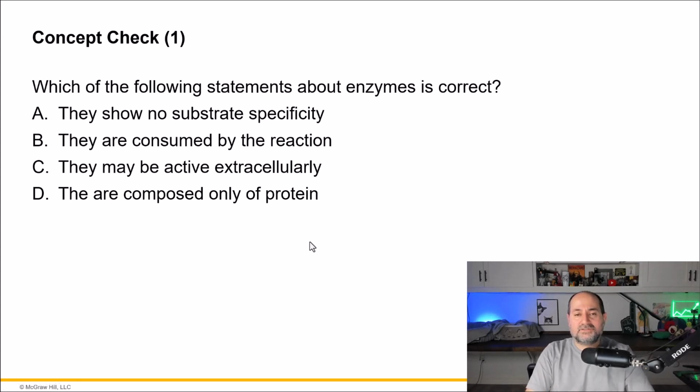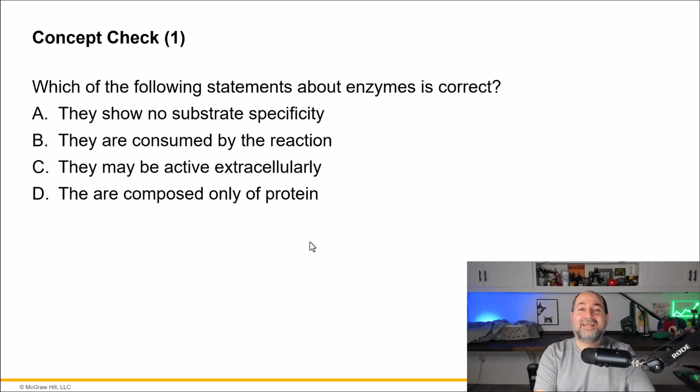Isn't that neat? So that leads us to our first concept check. Which of the following statements about enzymes is correct? A, they show no substrate specificity. No, remember, that's anything but true. That active site is folded so perfectly in that tertiary structure of the protein that it perfectly accommodates a particular substrate. B, they are consumed by the reaction.